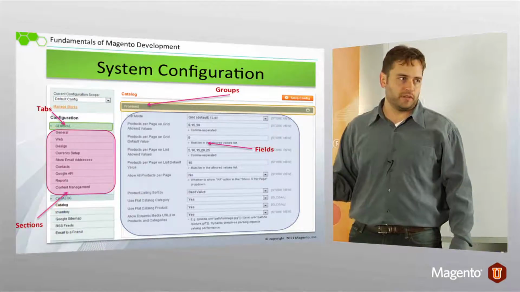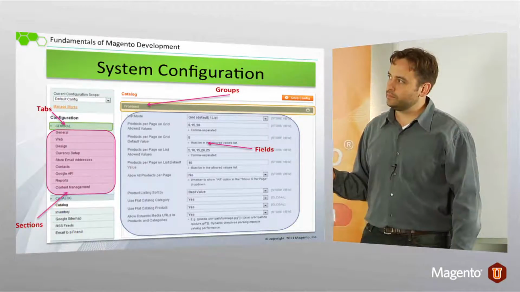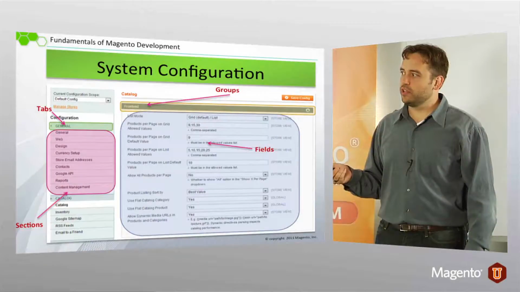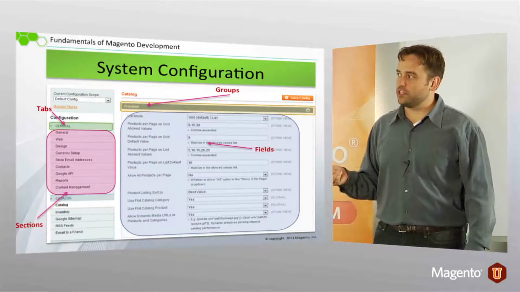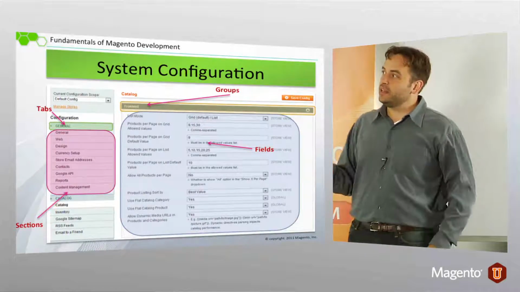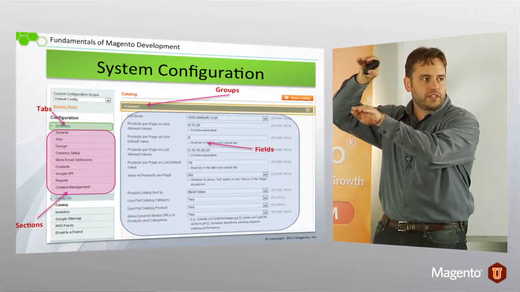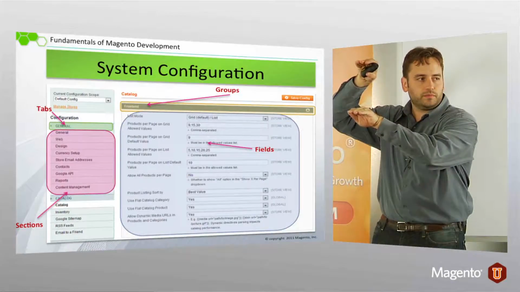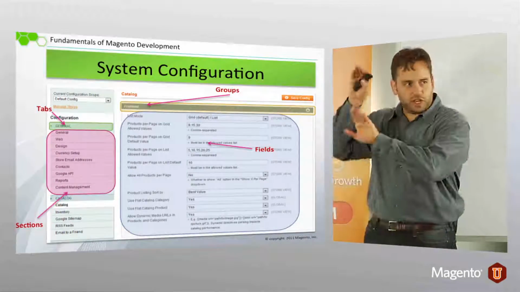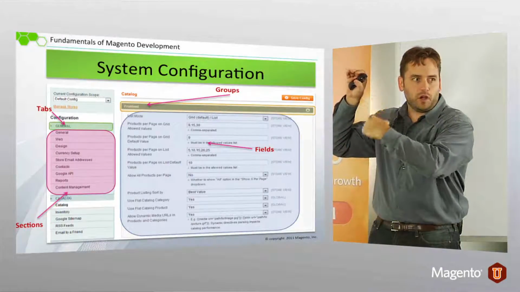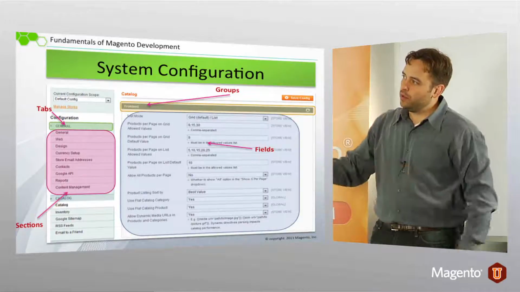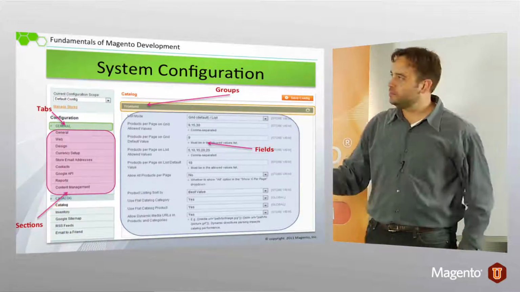Tabs do absolutely nothing. They're just really a container for different sections. Now, I said container, but tabs and sections are at the same level in the XML structure. So a section will actually have to refer to a tab in order to end up under it.